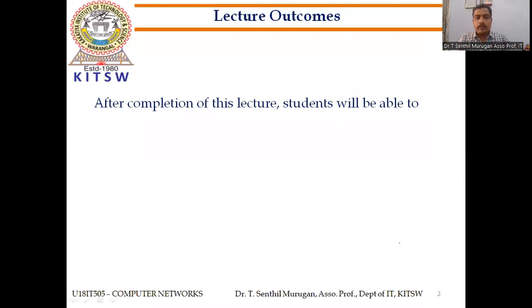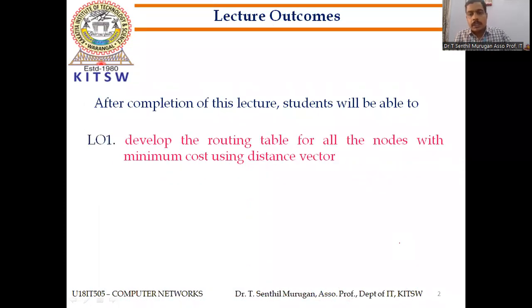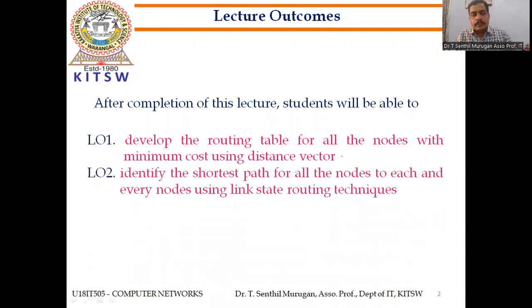After completion of this lecture, the student will be able to develop the routing table for all the nodes with minimum cost using distance vector. If they give a network, you can find the routing table for each and every node in the network using distance vector. Identify the shortest path from each node to every other node using the link state routing technique.